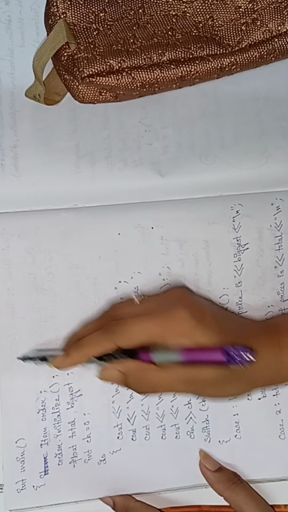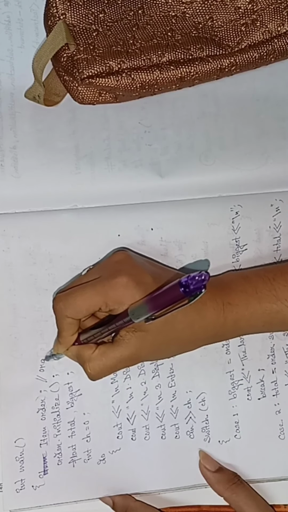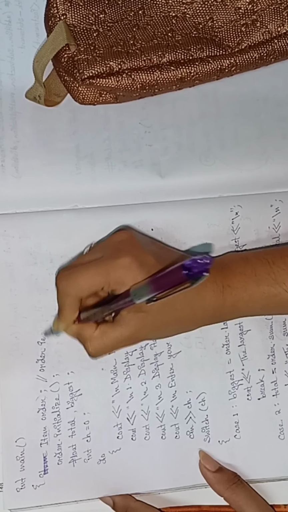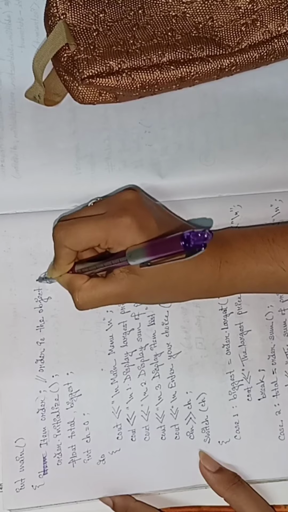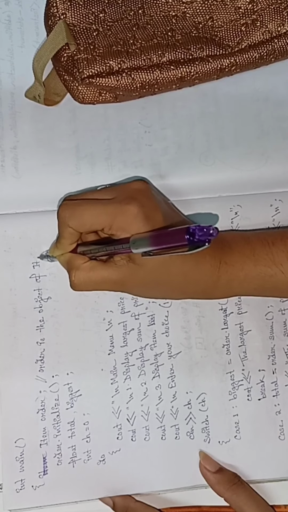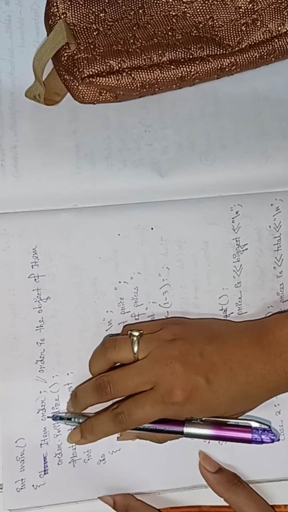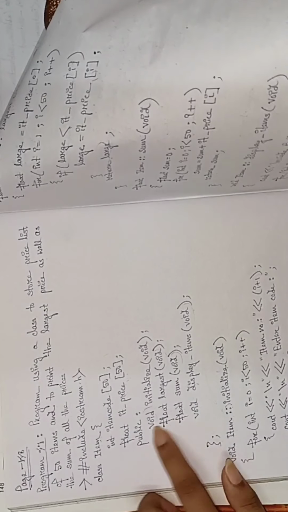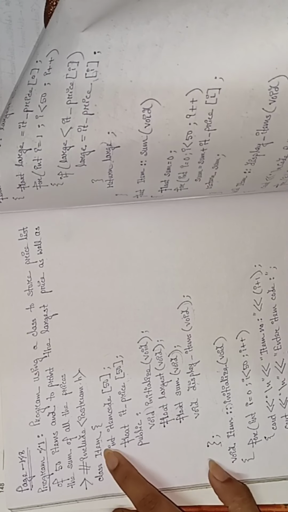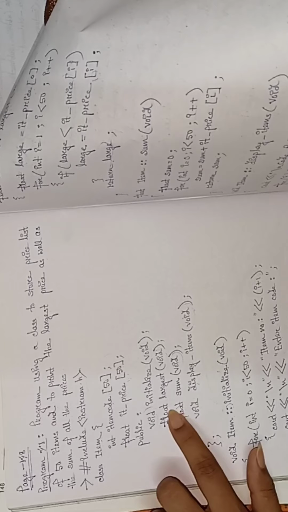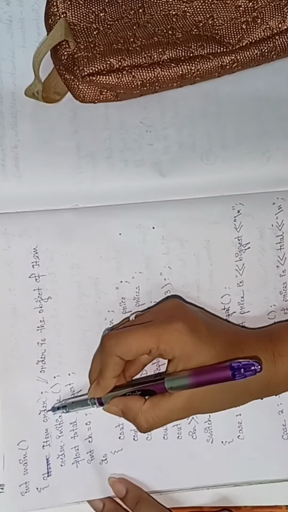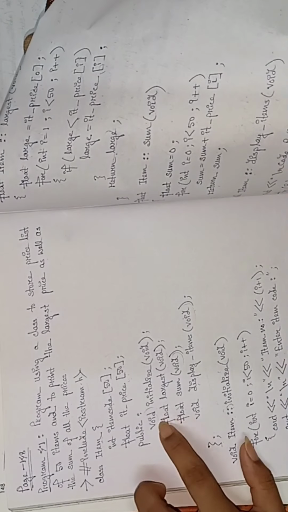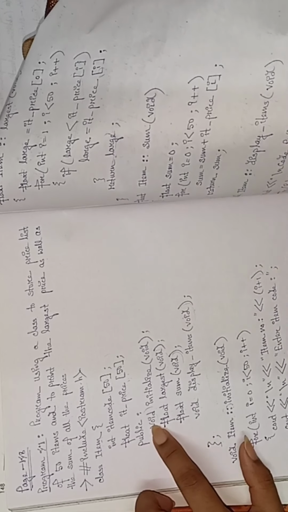This order is the object of item, and through this object we will access all the public members, not the private members. Private members will be accessed through the member functions, but through this object we will access the public members of the class.